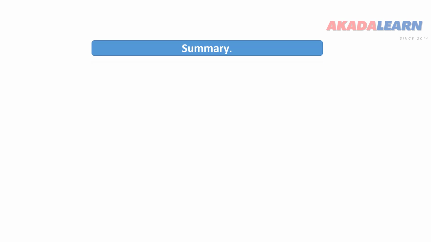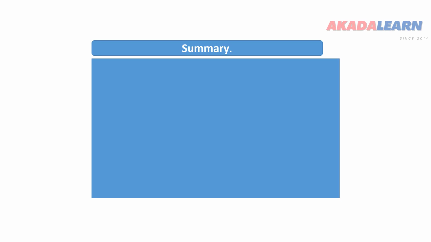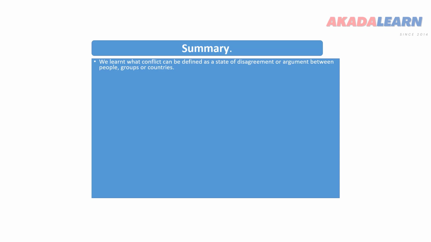So, conclusively in today's lesson, we've learned what conflict can be defined as, that it is a state of disagreement or argument between people, groups, and countries. That the causes of conflict are cheating, lack of human consideration, injustice and attempt to impose one's will on others, selfishness within the social group, and corruption.